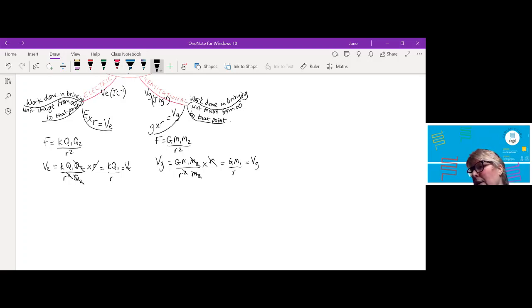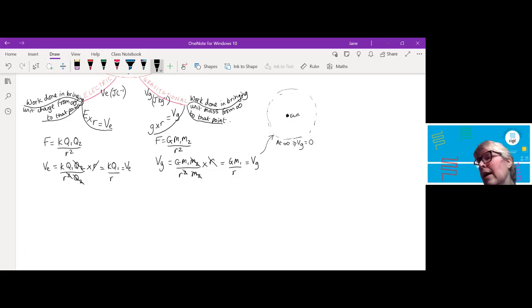If I have Earth at the center, and on the very outside, far away from the Earth, we say that the potential there at infinity is Vg equals 0.